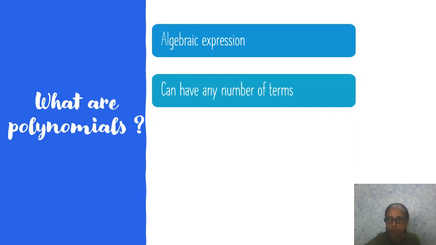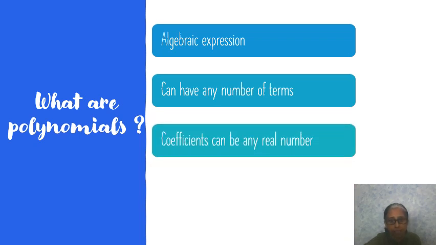Even an algebraic expression with just one term is also a polynomial. Remember that. Next point, coefficients can be any real number. Means it can be an integer or rational number, or any real number can come as a coefficient.